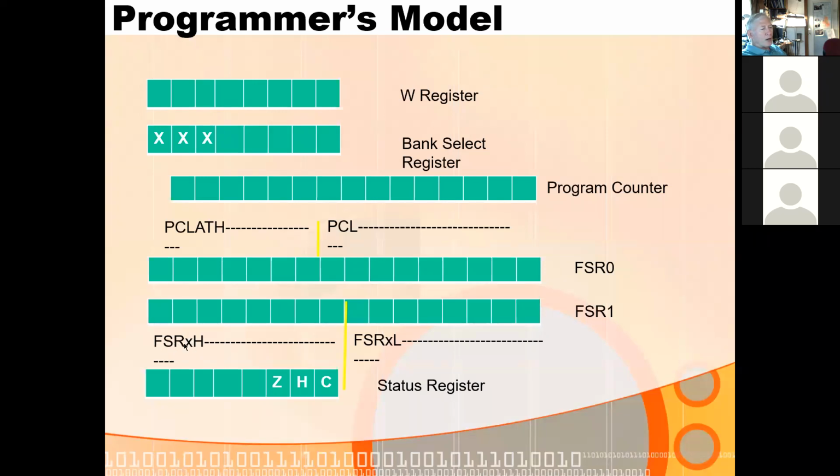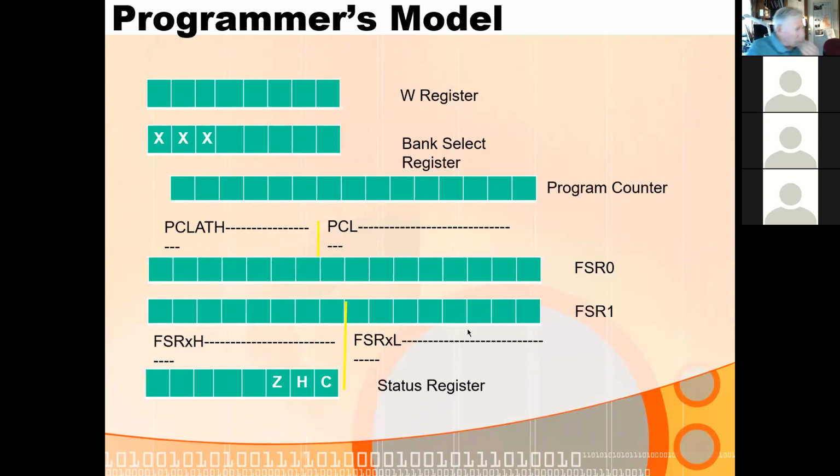And they're called file select register 0 high, file select register 0 low, file select register 1 high, file select register 1 low. So each register, like file select register 0, would have a high and a low register associated with it. And since there are 2 of these, you have to decide whether it's register 0 or register 1, whether it's high or whether it's low.